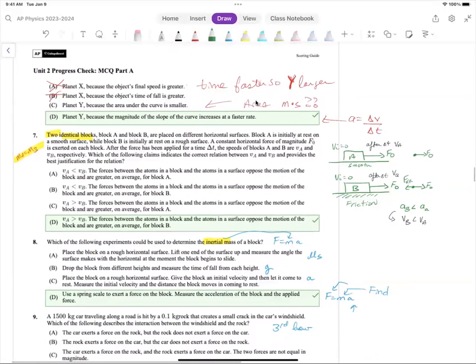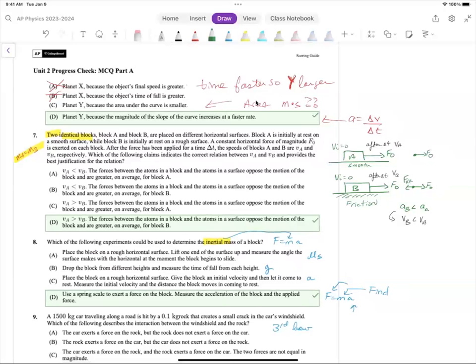All right, number 7. I'm going to read it, then you've got to draw a picture. Okay, you can't solve this without a picture. Two identical blocks, block A and B, they have the same mass, by the way, that's what that means, are placed on different horizontal surfaces. Block A is initially at rest on a smooth surface, no friction, while block B is initially at rest on a rough surface, friction. They will both be exposed to a constant horizontal force of magnitude F naught.